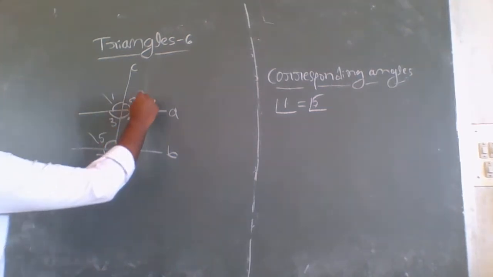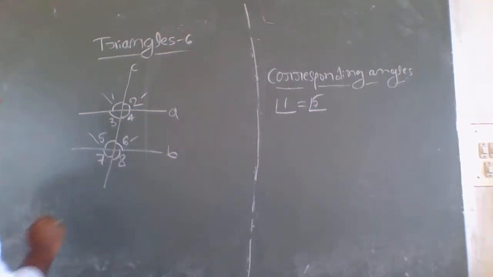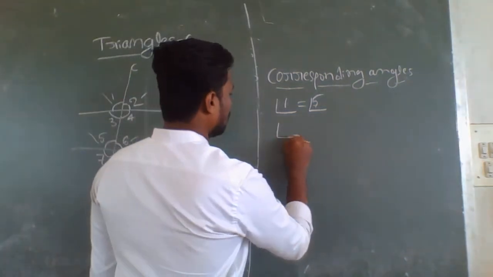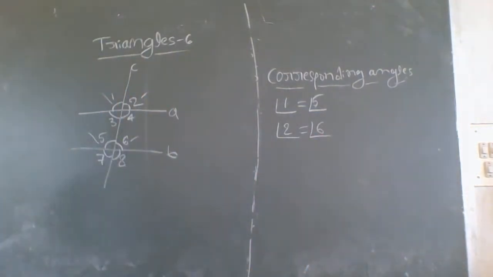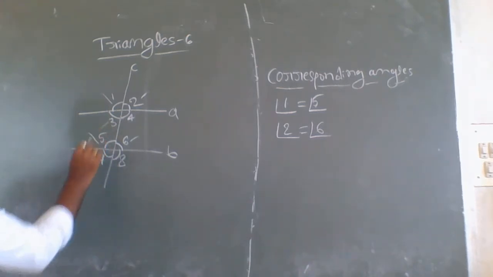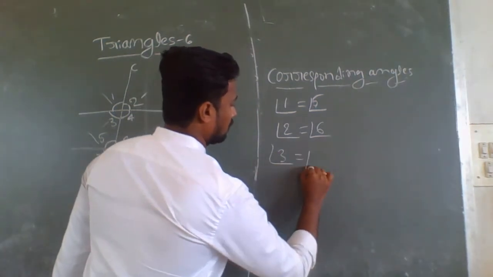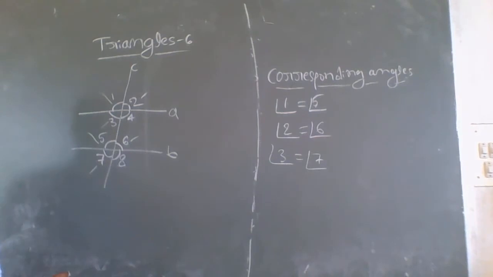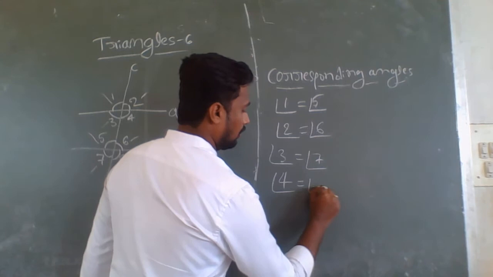Like this, angle 2 is corresponding to angle 6. Again these are in the same direction and on the right side of the intersection. Therefore angle 2 is equal to angle 6. Like this, angle 3 is corresponding to angle 7, so angle 3 is equal to angle 7, and the remaining angle 4 is equal to angle 8.